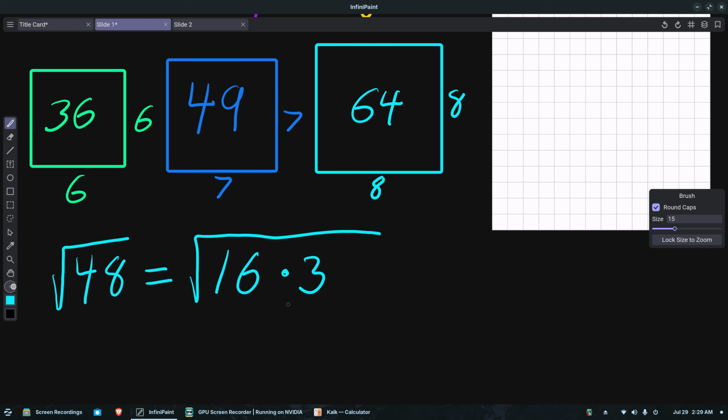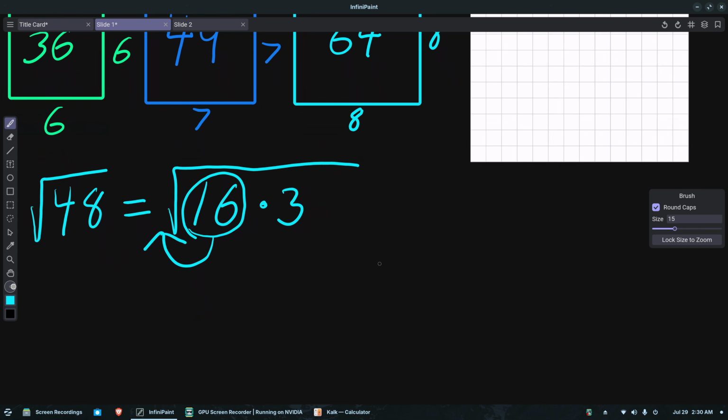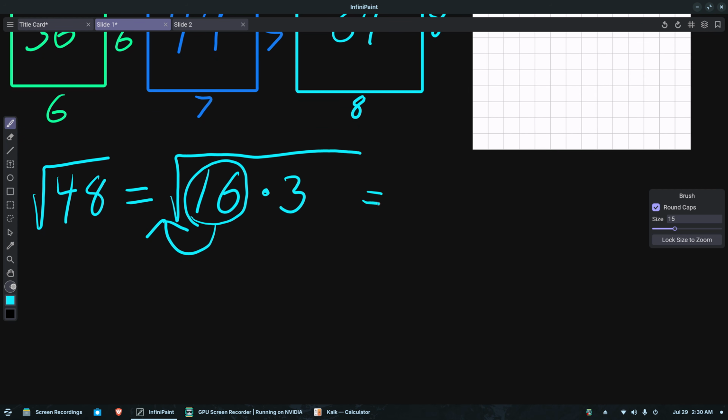And we've created an equivalent expression here because 16 times 3 equals 48, and we've left it all in the radical. But what we want to do is take 16 here and bring it out of the radical. And when we move it from here to here, it's going to become 4 because the square root of 16 equals 4. So to write down what we have now, we're going to change that 16 to a 4.